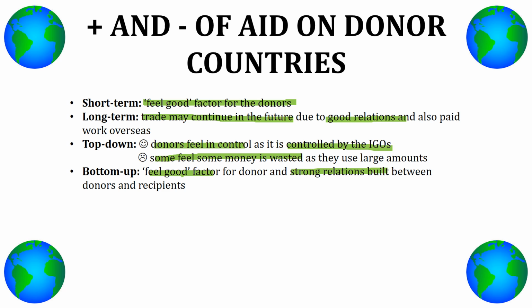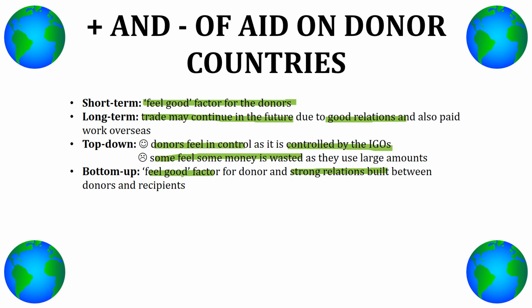So the positives and negatives of aid on donor countries, those are the ones that actually donate the aid. Short-term aid provides a feel-good factor for the donors because they feel like they're doing something great. Long-term, trade may continue into the future because good relations are built, and this also provides paid work for the donors overseas. Top-down aid is aid on a large scale, given to the government.